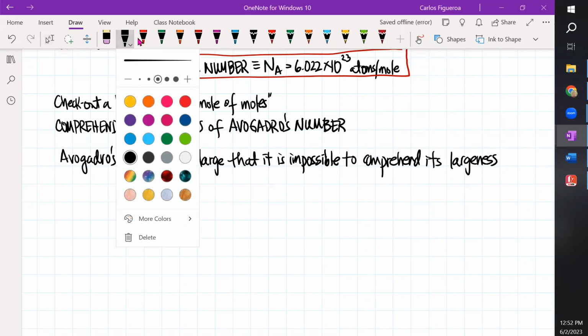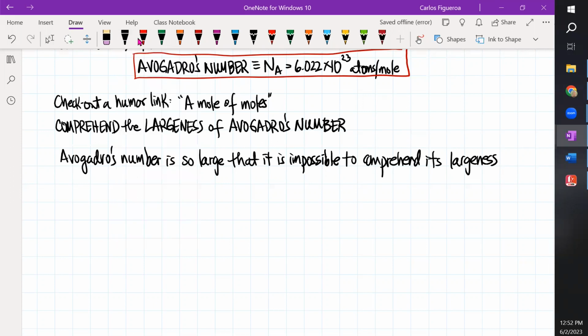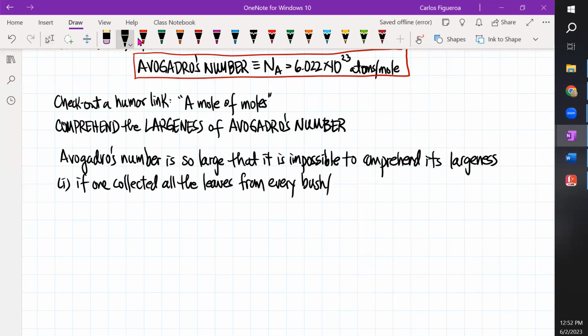And here's some values that people have mentioned in the past. So the first thing is that if one collected all the leaves from every bush and tree in the world, 10 to the 24 is larger.